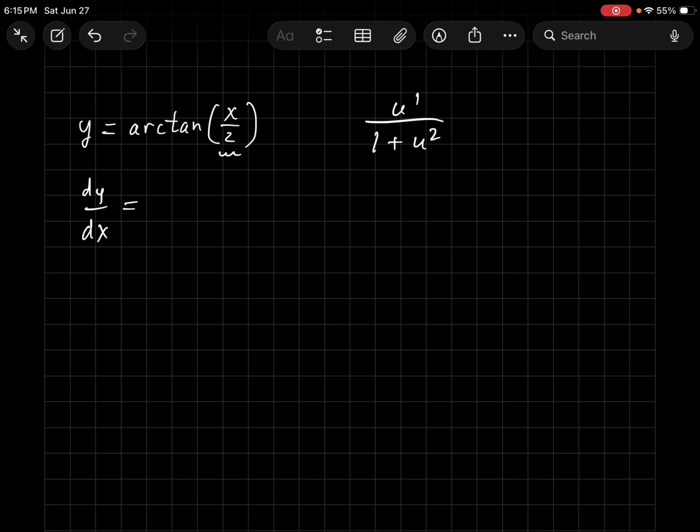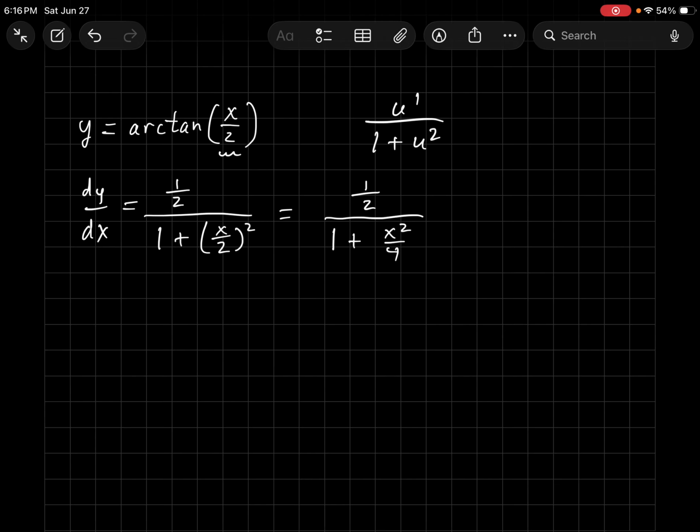U prime, so the derivative of 1/2 x is 1/2 over 1 plus u, which is x over 2, all squared. Perfectly fine answer, perfectly correct, but it probably wouldn't look like this on a multiple choice test. Let's continue on. This will give us 1/2 over 1 plus x squared over 4.